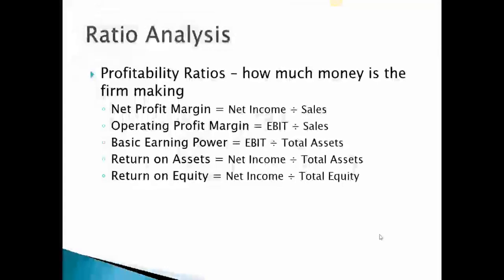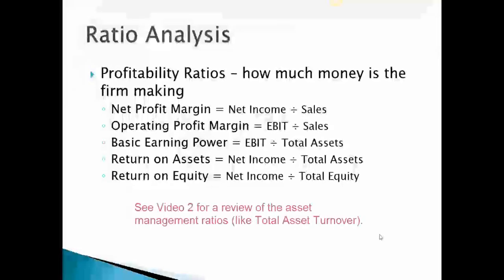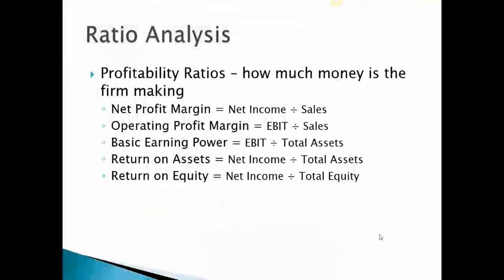Basic earning power looks to how well the firm is utilizing its assets. So in a sense, it's related to some of those asset management ratios and how effectively the firm is doing it. But now we're looking at EBIT, so we're looking at a profitability measure. Again, earnings before interest and taxes is that operating profit number. And then two very common ones that are looked at: return on assets and return on equity.